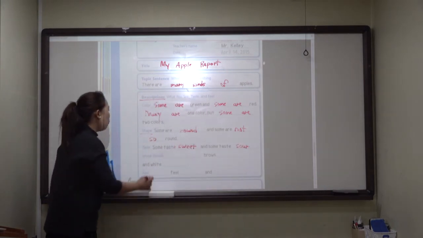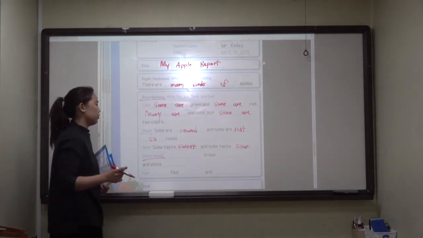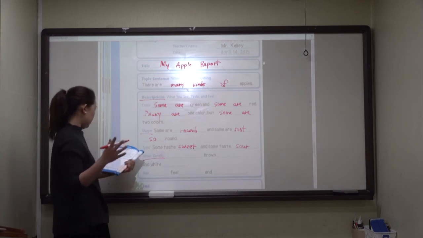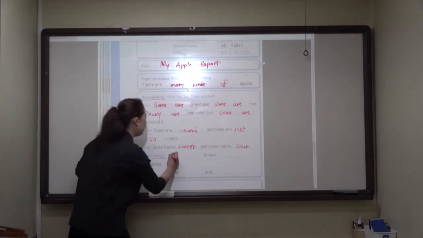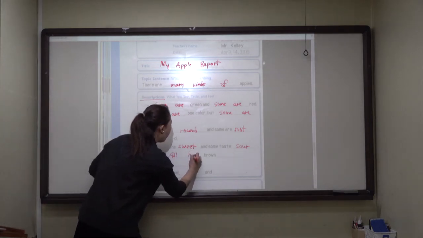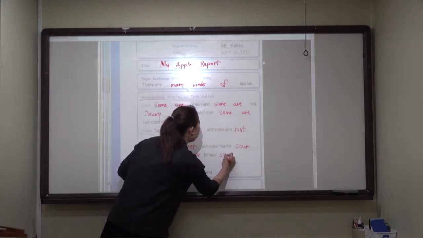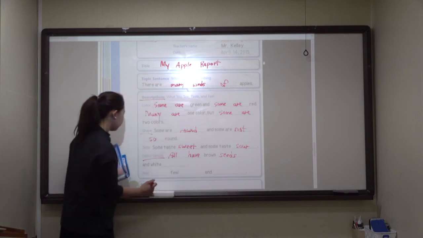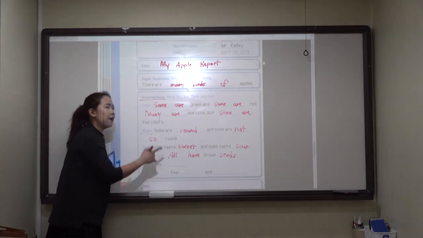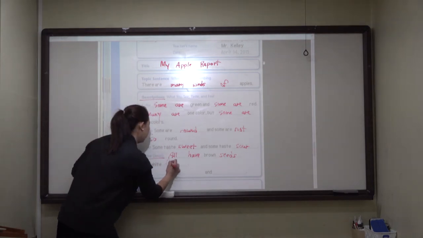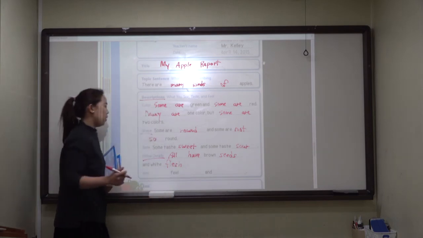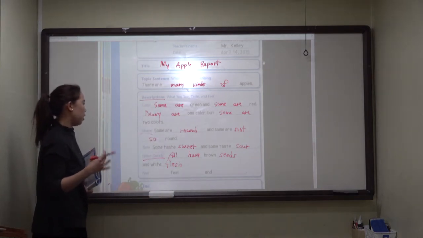Alright, and then what about for the other details? What are the other details? Okay, all have brown seeds and white flesh.